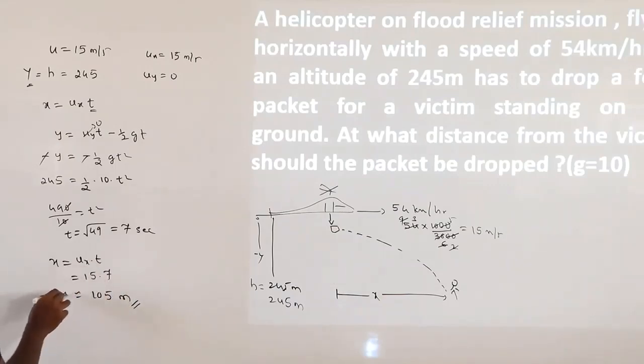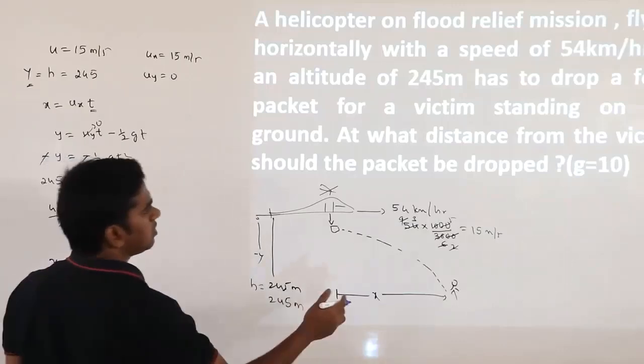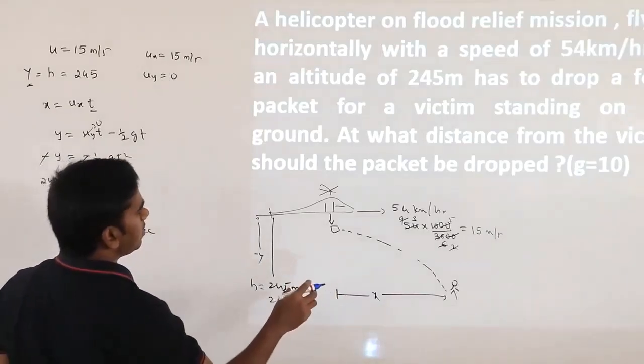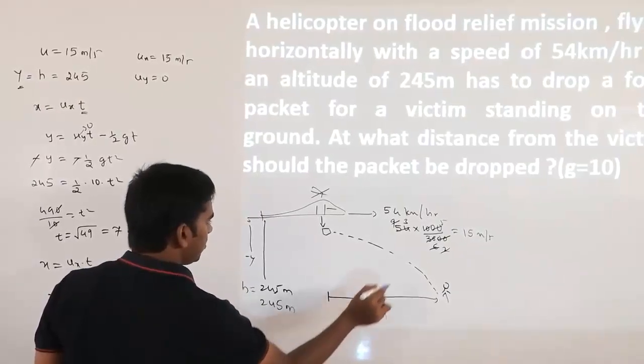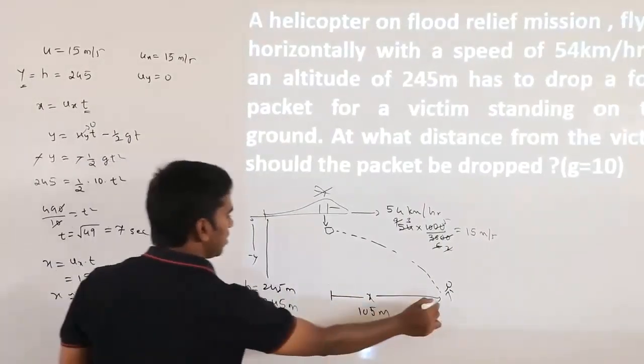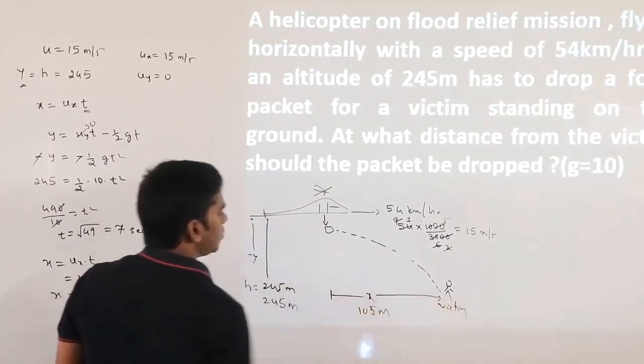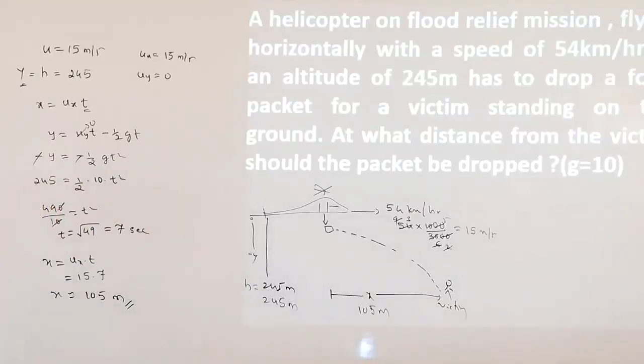So the answer is 105 meters. The food packet will be dropped at a distance of 105 meter from the victim. This is the victim. So we should know where to drop the food packets according to our height.